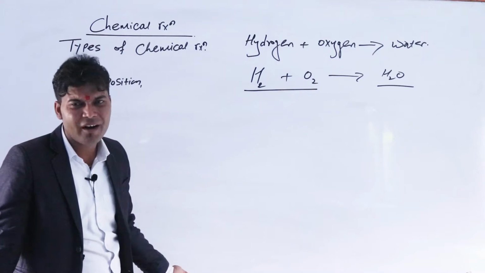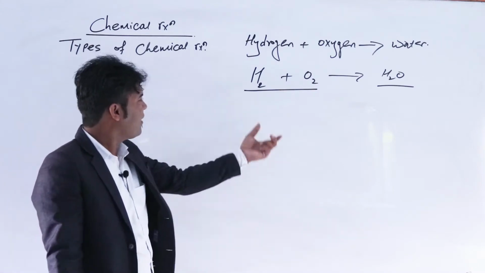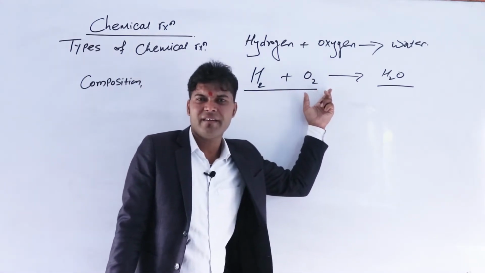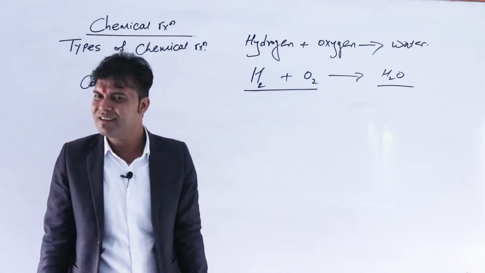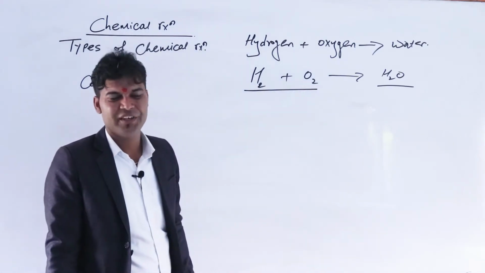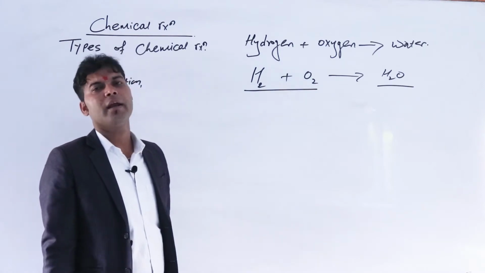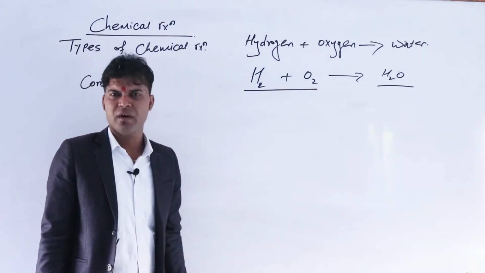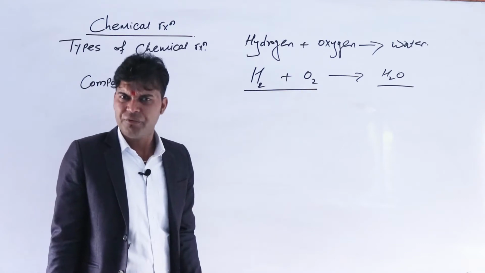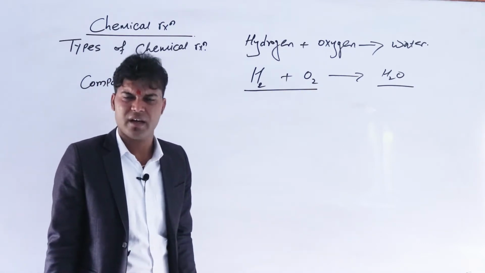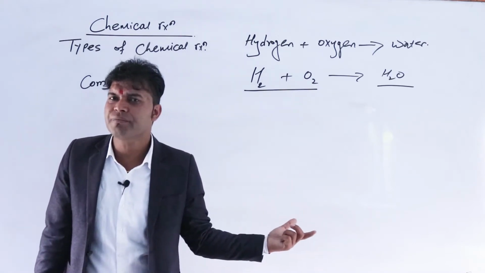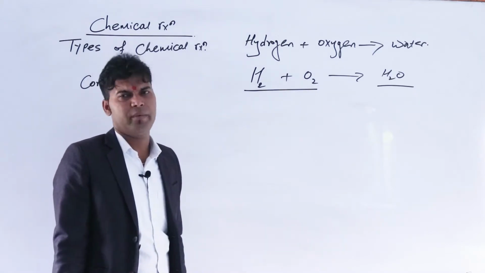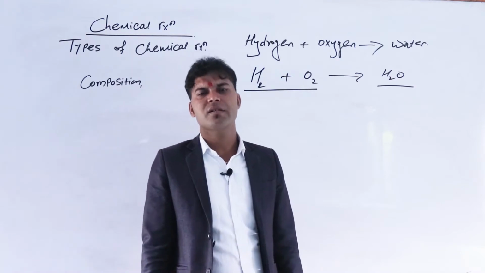Reactant and product. Okay, if the number of atoms or molecules in the reactant is equal to the number of atoms or molecules in the product, it is called a balanced chemical equation. If the number of atoms or molecules in the reactant is not equal to the number in the product, it is called an unbalanced chemical equation. We discussed this in our previous class 9 also.